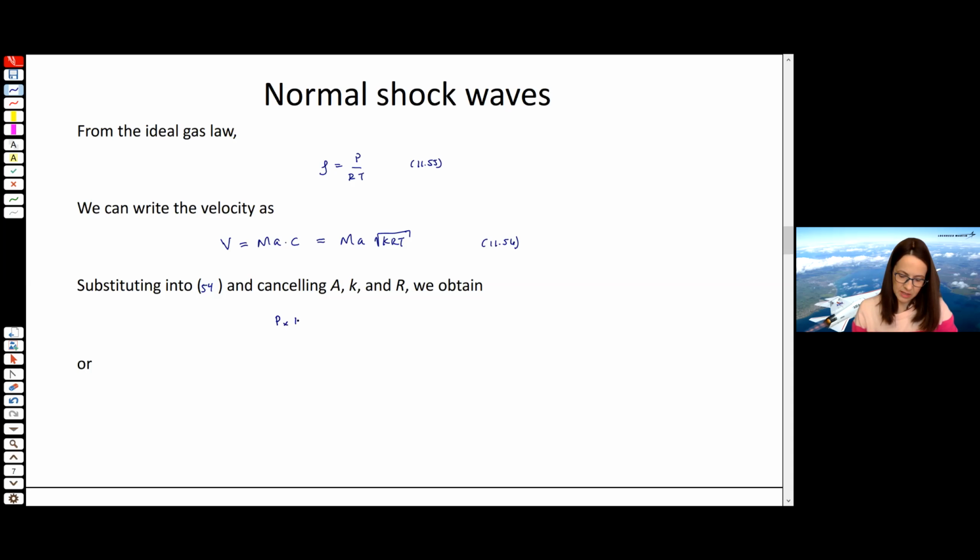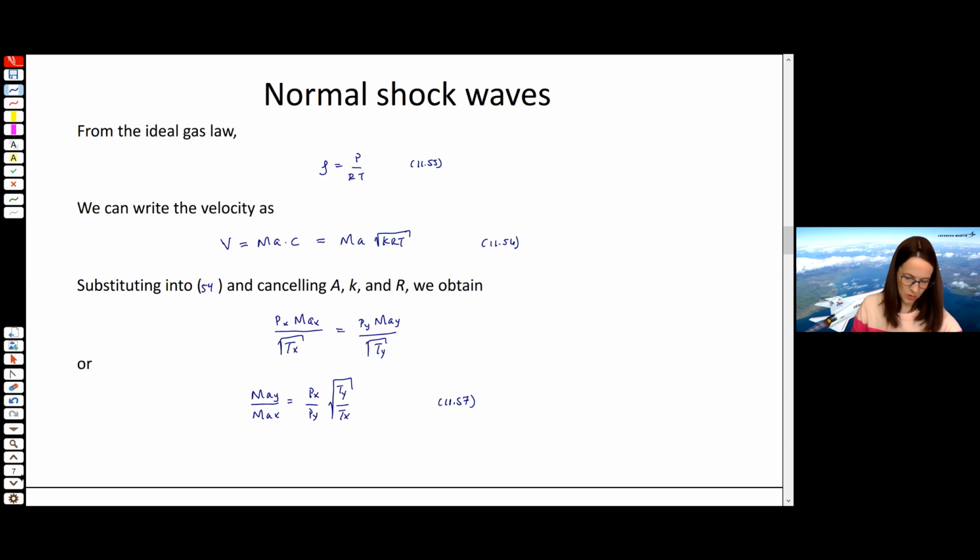P sub x times the upstream Mach number over the square root of the upstream temperature is equal to the same thing on the other side, but with all subscripts y for the downstream. Or rearranging this, we can put it in terms of a Mach number ratio. And this is 11.57 in your textbook.